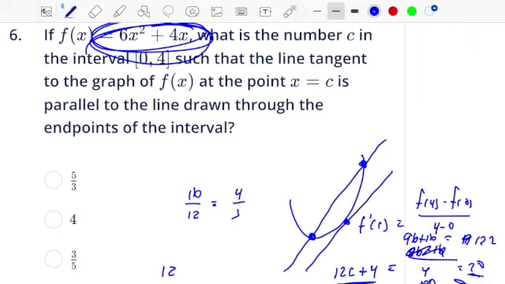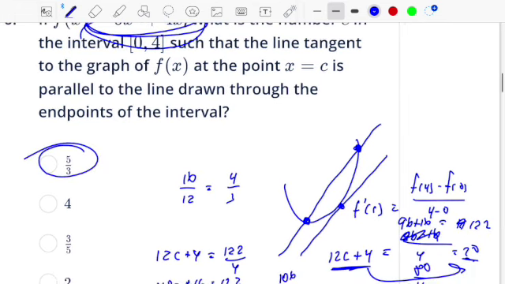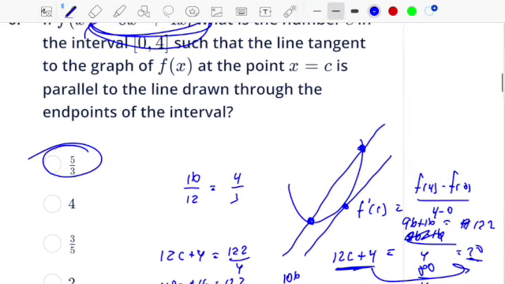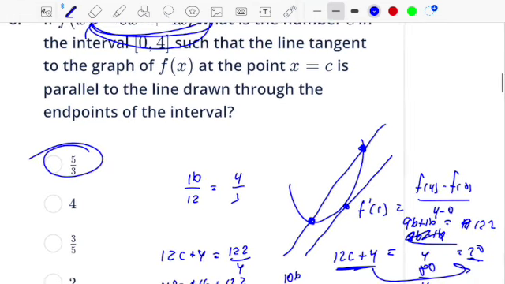So we've got 12c plus 4 equals 112 over 4. That's going to be 48c plus 16 equals 112. 48c equals 106. 106 over 48 is a little bit more than 2. A little bit more than 2 is that one. Does that work out? Divide by 16, divide by 16. That's not right. Something's off, but I'm going to come back to it.